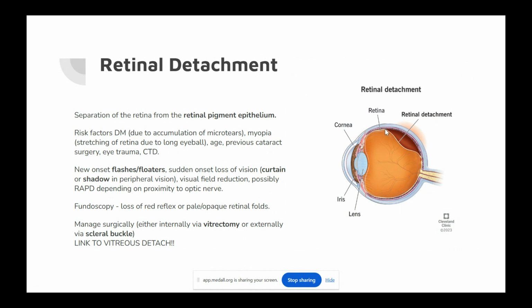So if you imagine just putting a tie, like a tape, from your retina to your sclera to make sure it's held in place.